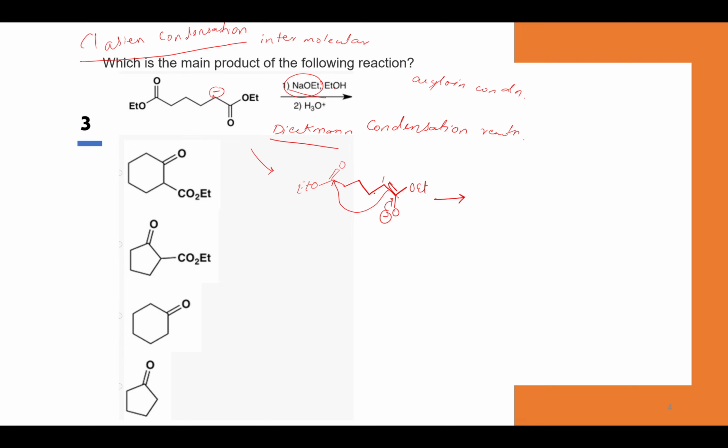See here, 1, 2, 3, 4, 5. A 5-member cyclic ring will form here. Got it?